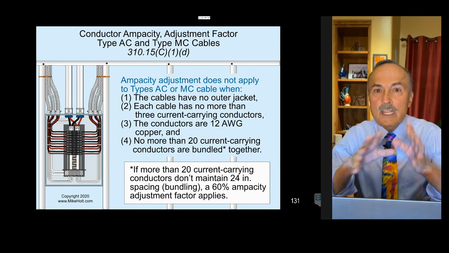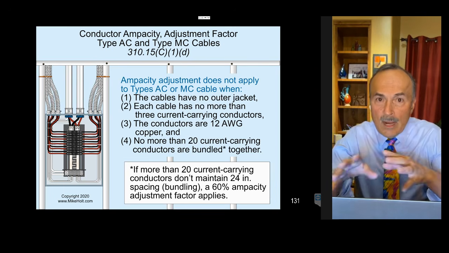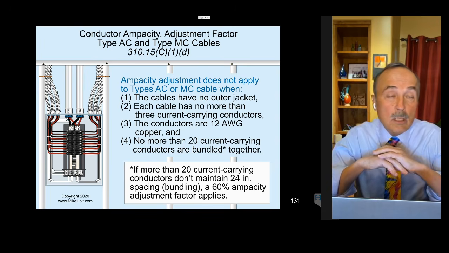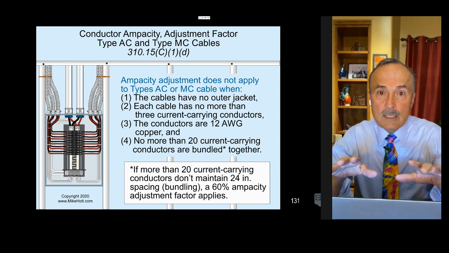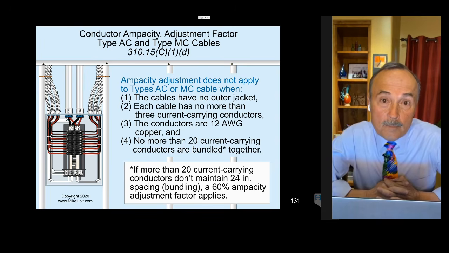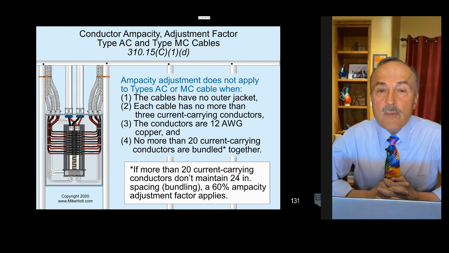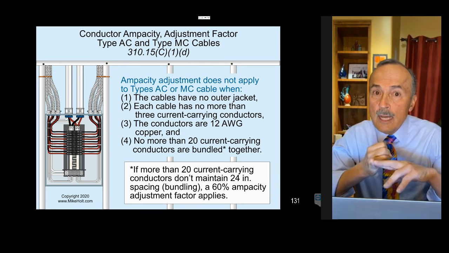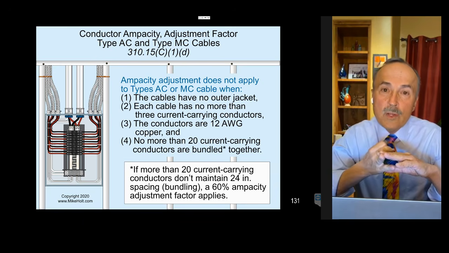310.15(C)(1)(D). Now in the 2020 code, it's moved around a little bit because Article 310 was completely reorganized in the 2020 NEC. You want to know why? Because Article 310 had the information about conductors under 1,000 volts and conductors over 1,000 volts.